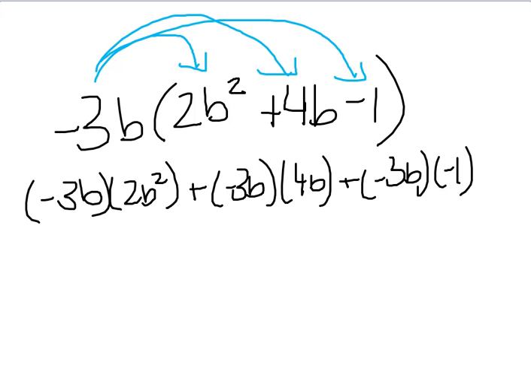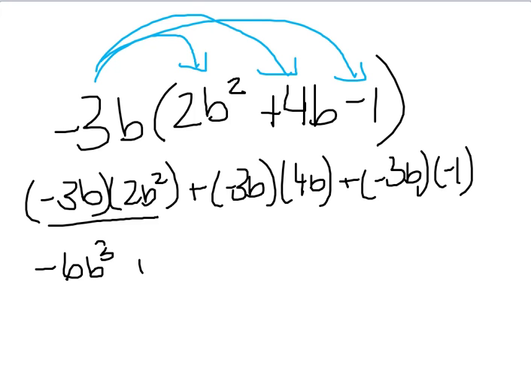So if I do each of these, negative 3b times 2b squared, well, negative 3 times 2, that's negative 6. b times b squared is b cubed. Sorry, that looks really sloppy. That's not much better, but hopefully you can tell it's b cubed.